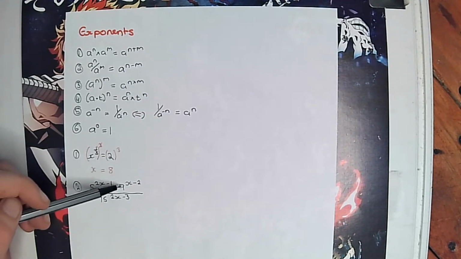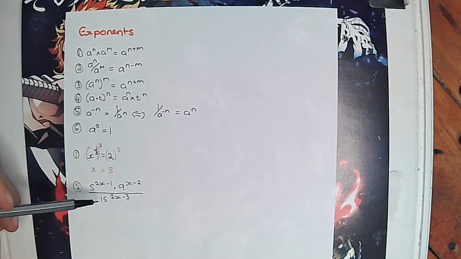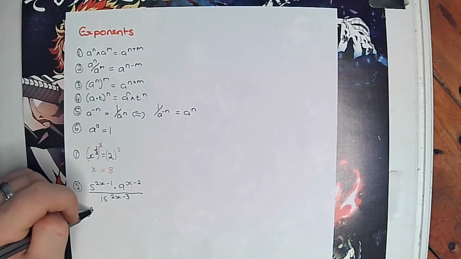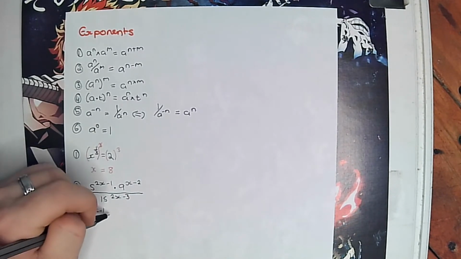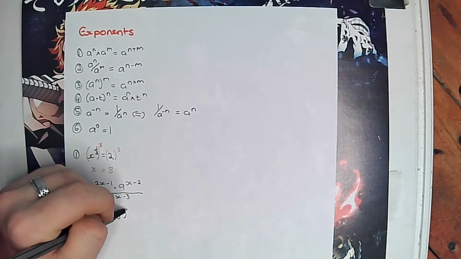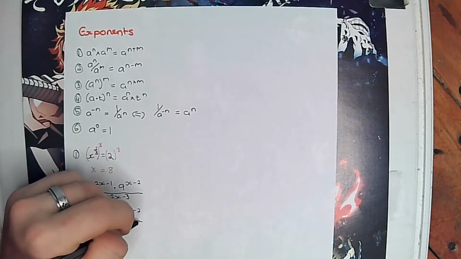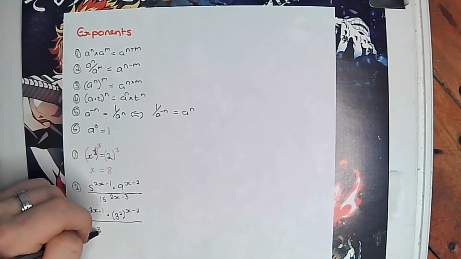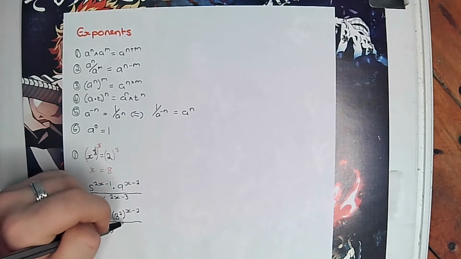This can become 3 squared, and this can become 3 times 5. So what I would have is 5^(2x-1) multiplied by 3^(2(x-2)) over (3 times 5)^(2x-3).